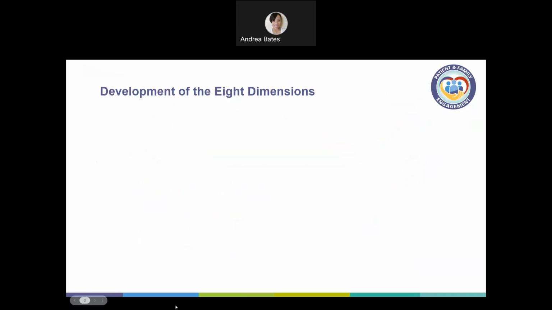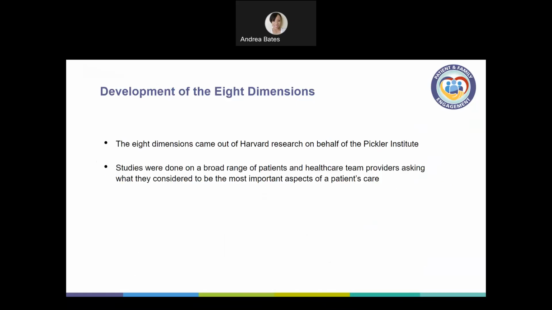So a little review about the development of the 8 dimensions. They came out of research from Harvard on behalf of the Picker Institute. Studies were done on a broad range of patients and healthcare team providers asking what they considered to be the most important aspects of a patient's care.